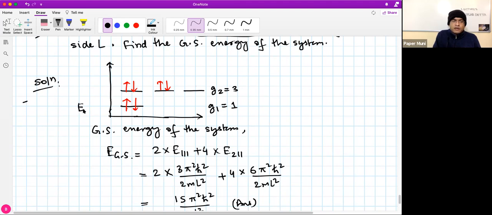So what we have is 1 1 1, nx equal to 1, ny equal to 1 and nz equal to 1. In this case, we could write any of these like 2 1 1, or 1 2 1, or 1 1 2. Any of it is possible. Just to make it easier to visualize things, I wrote it like this.